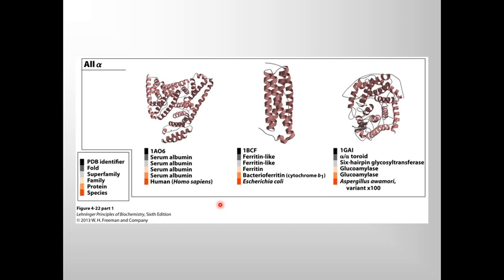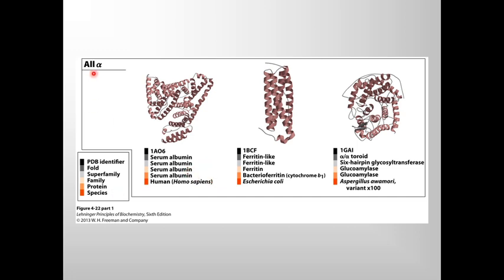Now, in this data bank, proteins are usually classified based on folds and subfolds. The PDB identifier is a unique code that gives you the structure of that specific protein. And then the fold, superfamily, family, protein, and species are various other identifiers.